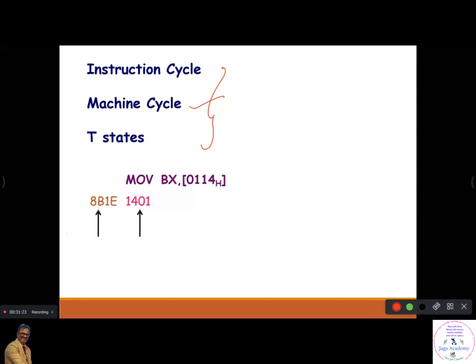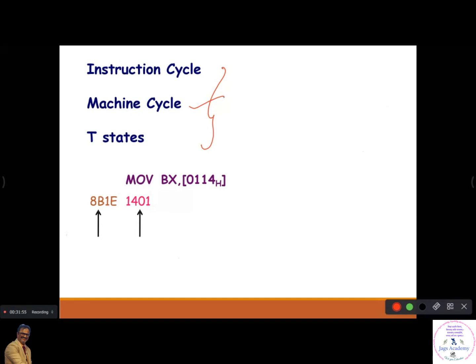So each instruction fetch, data read, and data write is called a machine cycle. Data read is one machine cycle. Data write is another machine cycle. Instruction fetch is also a machine cycle. Have you understood about machine cycle now?